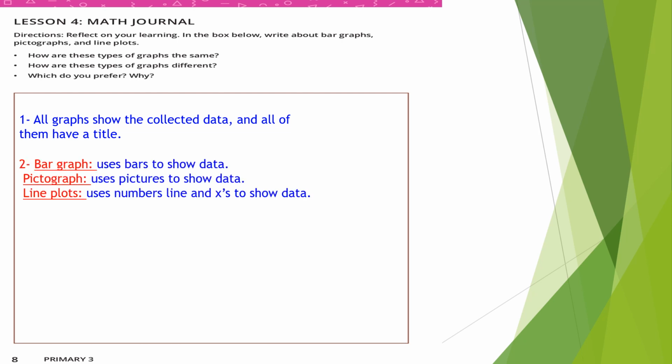We will find that the bar graph uses bars, the pictograph uses pictures, and the line plot uses a number line and x's to show data. The last question, which do you prefer and why? It's for you, you can answer it.